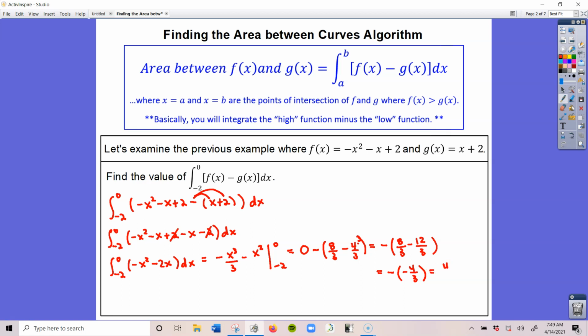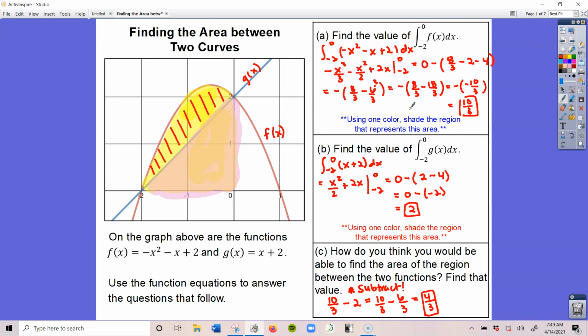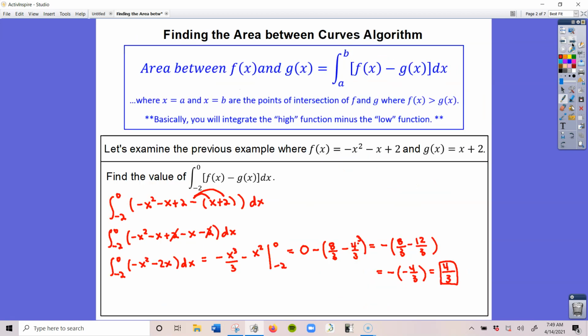So my final answer is 4 over 3, which is what we got when we went back here once we found both individual areas and then subtracted. So you can basically do the subtraction first of the two functions and then integrate, so that way you only have to integrate once rather than twice.